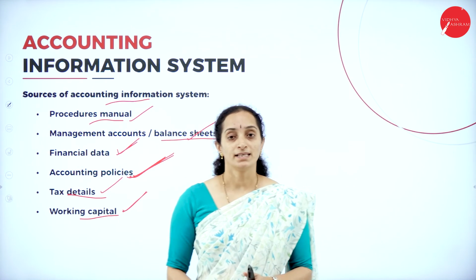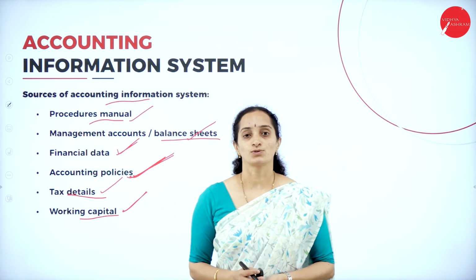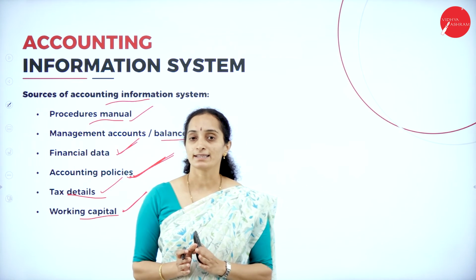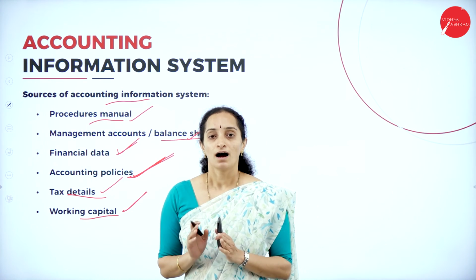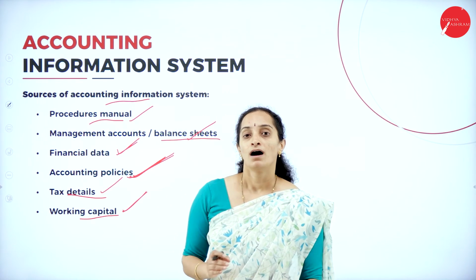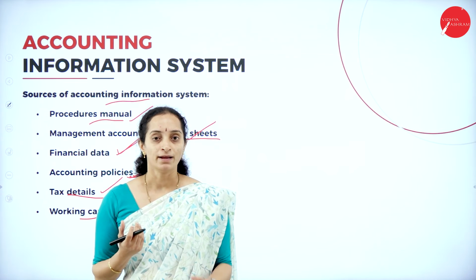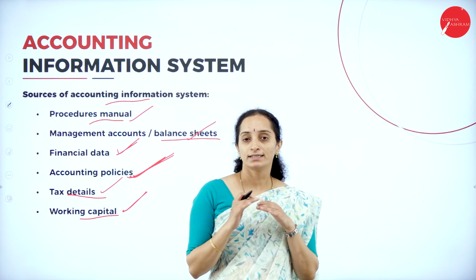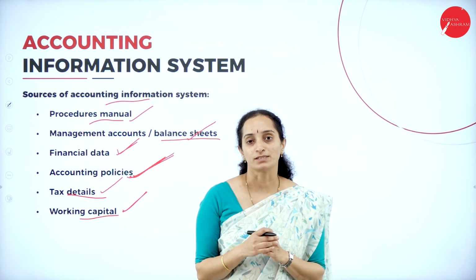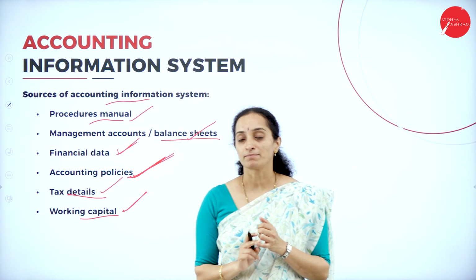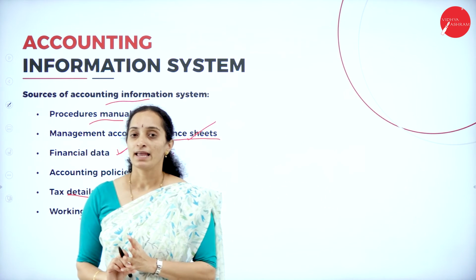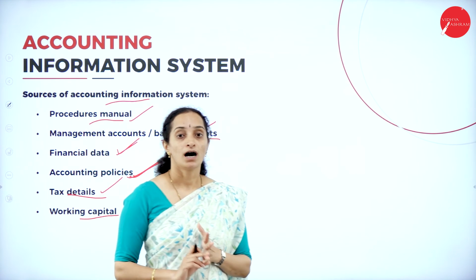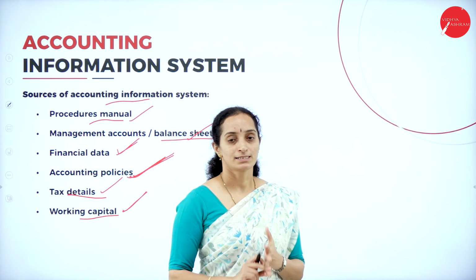From these various sources, we can collect the information about the account details, how to categorize them, how to manipulate them, and who is going to need this accounting information. Usually, the finance department and the top level management collect the information from the accounting information system.